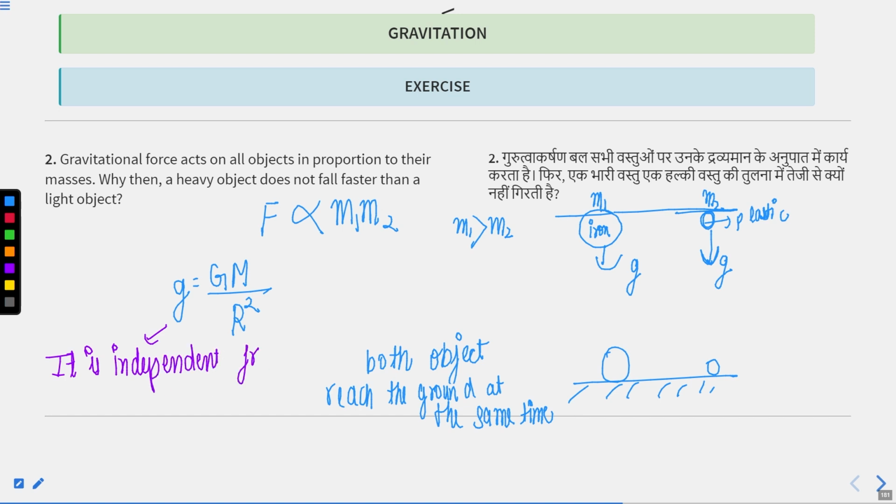That's why both objects, despite higher mass or lower mass, will reach the ground at the same time. Clear, class?